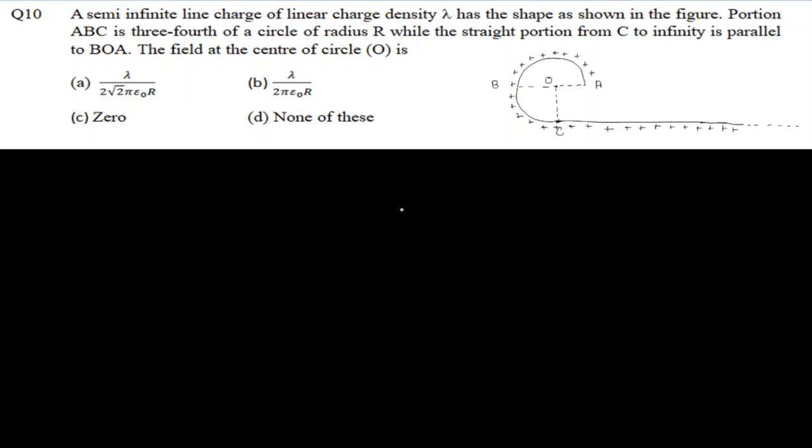Now take a look at question number 10. In this question, it is written: a semi-infinite line charge of linear charge density lambda has the shape as shown in the figure. The portion ABC is a 3/4 part of a circle of radius r. So from A to C, this portion is a 3/4 part of a circle of radius r.